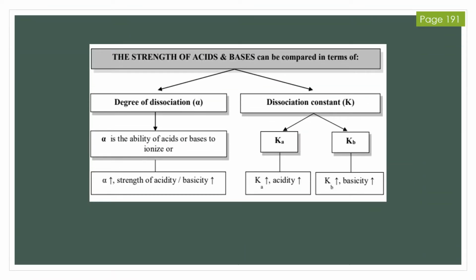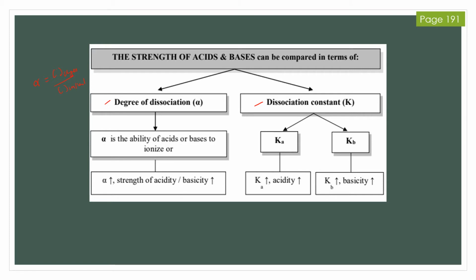Okay, refer to the module page 191. We can compare the strength of the acid and the base by using the degree of dissociation or the dissociation constant. Degree of dissociation, recall chapter 6, is the change divided by the initial.